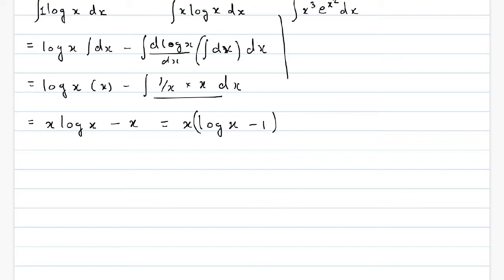Now let's take into consideration the second one, that is integration of x log of x. So clearly here we have two different functions, we have x and we have log of x.